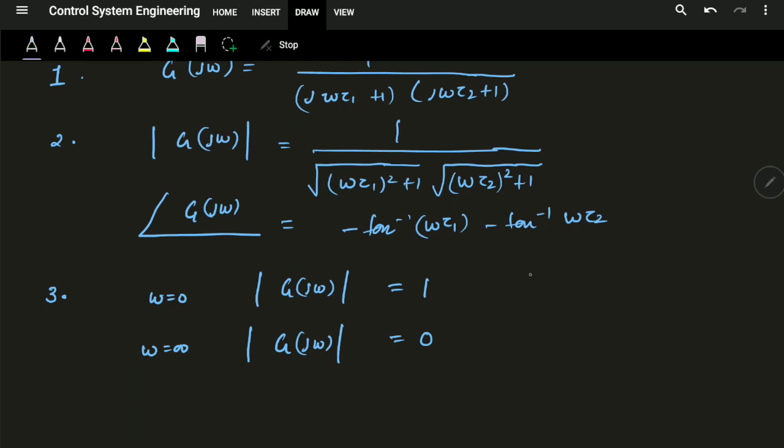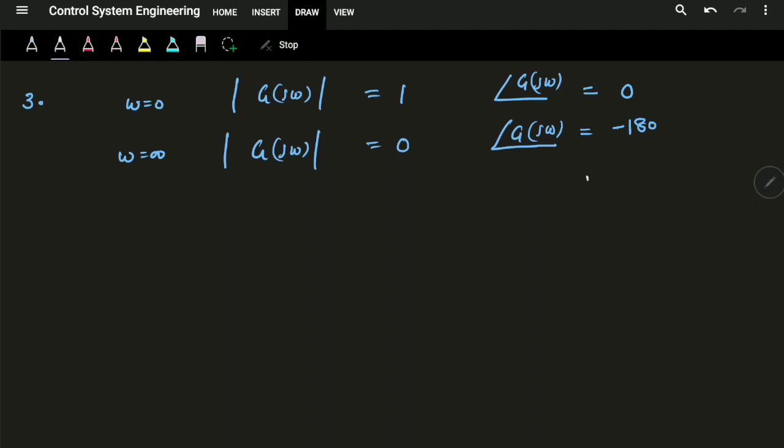Similarly, the phase of G(omega) at omega equals 0 is 0 degrees, and at omega equals infinity, the phase of the system equals 90 plus 90, so we will have minus 180 degrees. Okay.